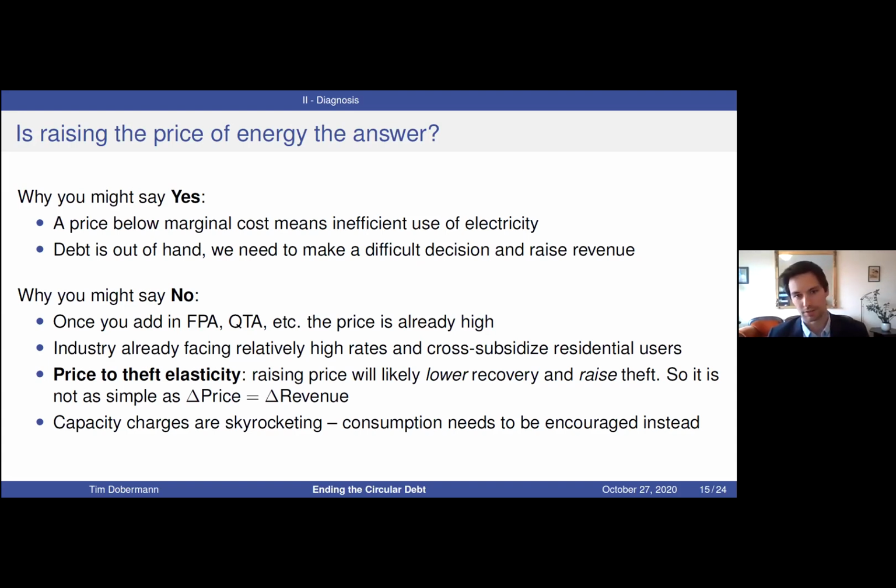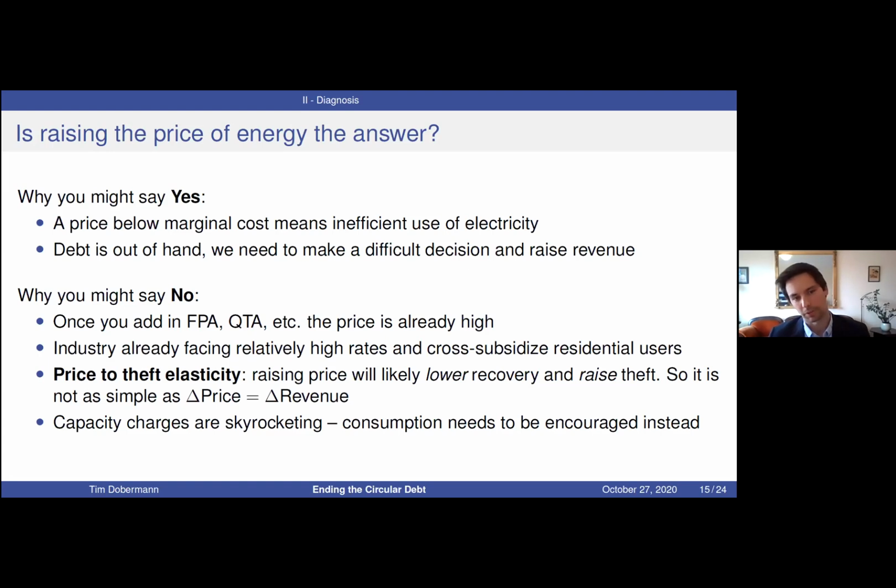Once you factor these in, the price is already quite high. And if you look at industry, I've been leaning more on residential consumers, but industries face relatively high rates and they're currently used to cross-subsidize residential users. So raising prices on industry in that sense might not be the best response.